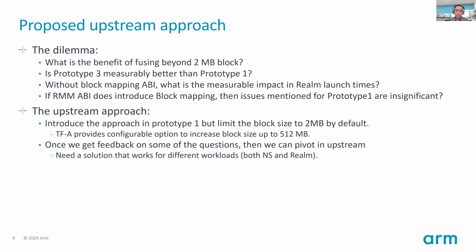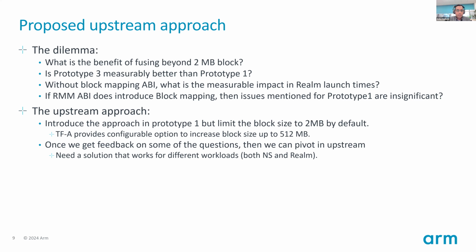So what do we do for upstream? I have outlined a plan for the upstream approach. Essentially, we go ahead with the brute force prototype 1 approach, but limit the default block size to 2 megabytes. TF-A will provide a configurable option to increase the block size up to 512 MB, but by default, we will keep it to 2 MB.